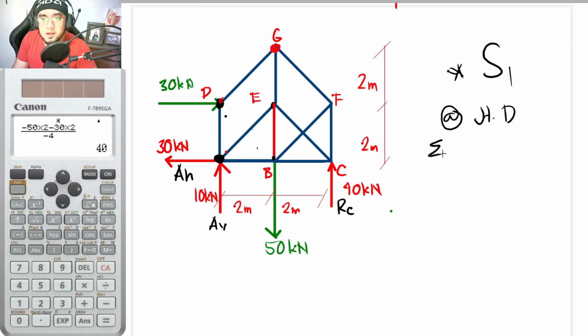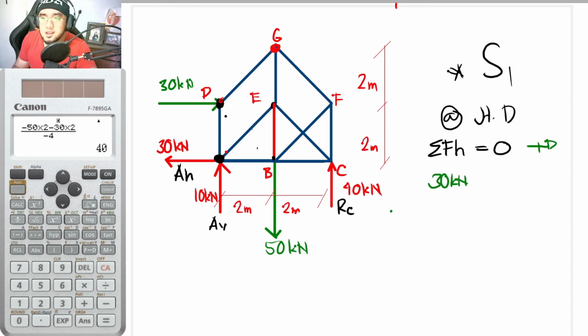getting the summation of forces, let's say horizontal, equal to 0. For that joint D, what are the horizontal forces there? We have the 30 kilonewton load, so positive 30 kilonewton since it is going to the right. By the way, my sign convention is to the right positive. What else do we have? We have the bar forces of DG and DA.